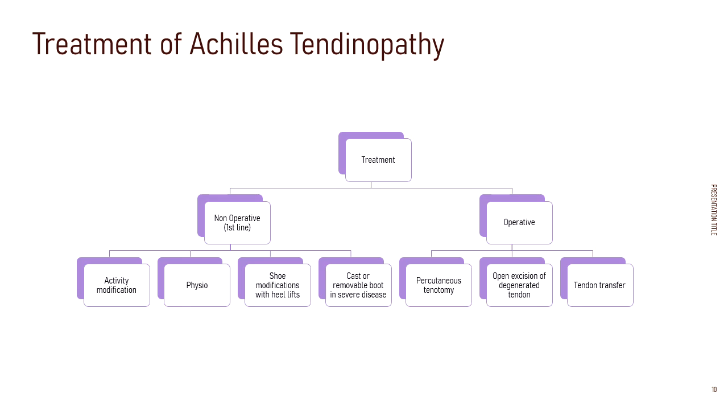In order to be justified doing this sort of drastic procedure, there would have to be MRI evidence of diffuse tendon thickening, and without a focal area of disease which can be targeted with a tenotomy or an excision. Often, this is also used in patients who have subacute ruptures. So, patients who had prior Achilles tendinopathy and then they developed a subacute rupture. In these patients, you could use a tendon transfer.